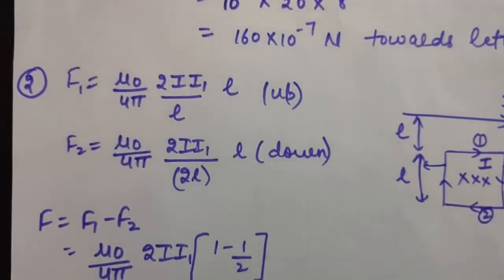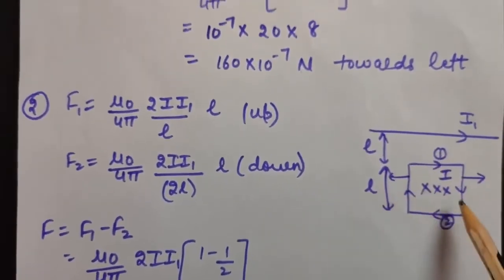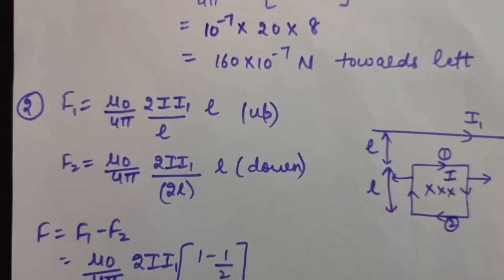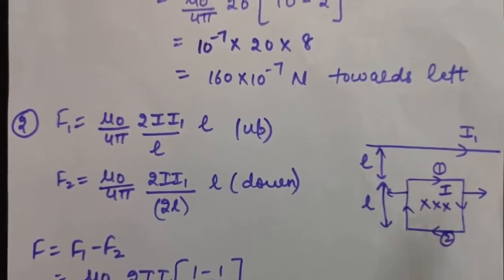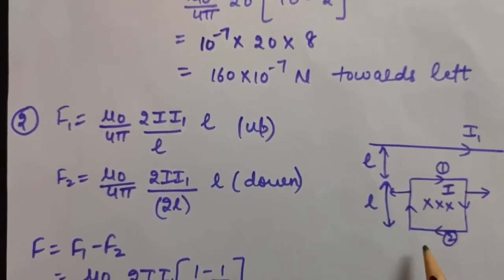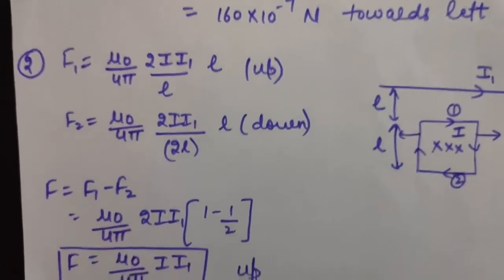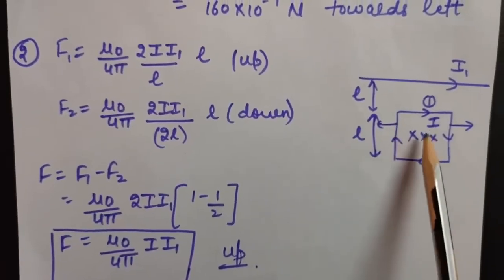The second question says you have a rectangular loop again and a wire in which current I1 is flowing in this direction. And current I is flowing in this loop. Again you have to calculate the force on this loop.